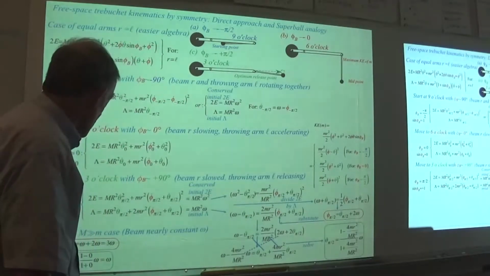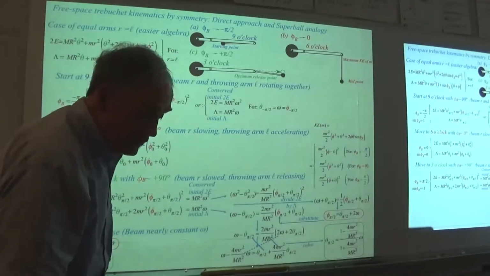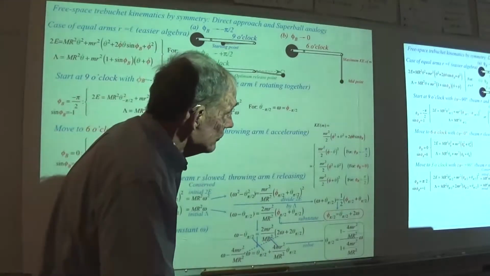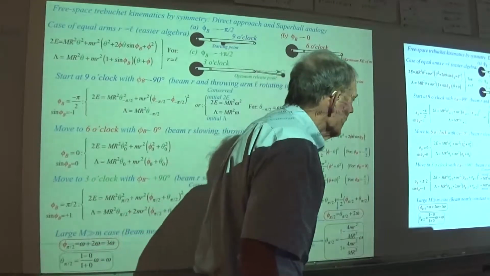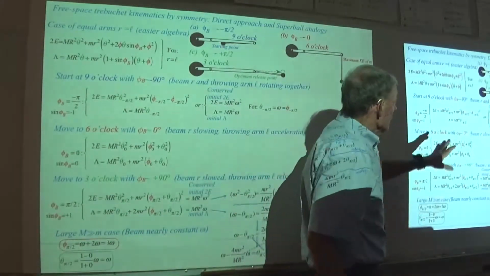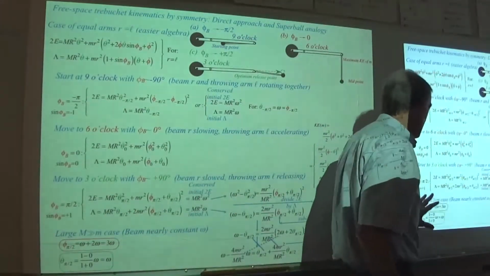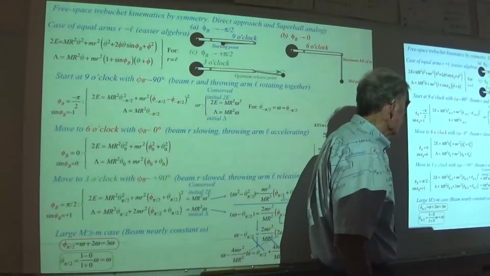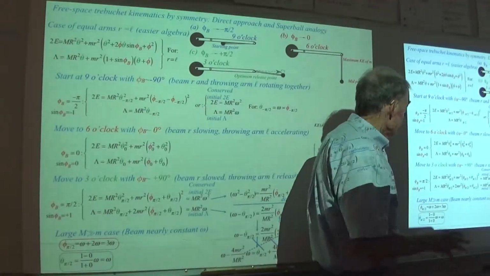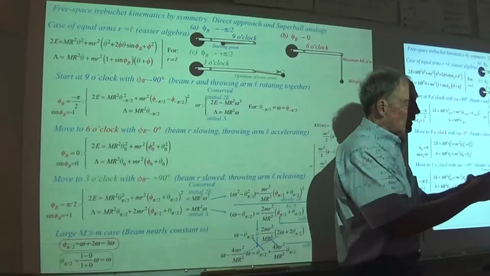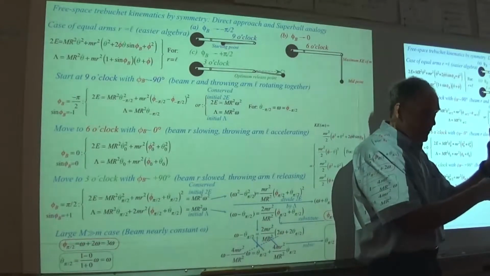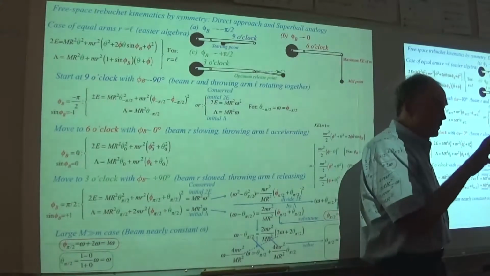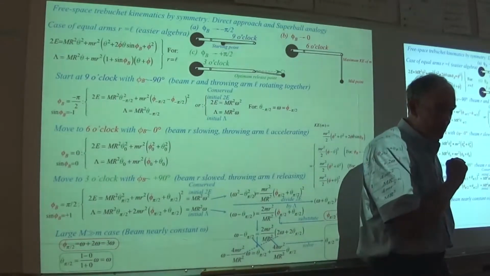So large M is the first thing to look at. What does this look like where the big mass is huge compared to the thing we're throwing? So this is equivalent to the super ball and a little tiny ball. Very big ratio between the big mass and the thing being thrown.